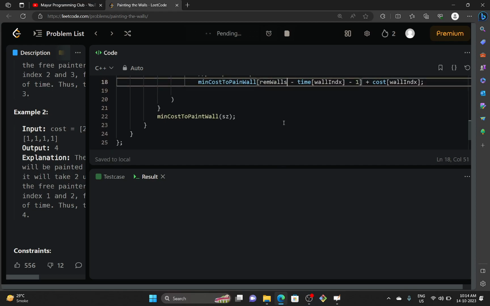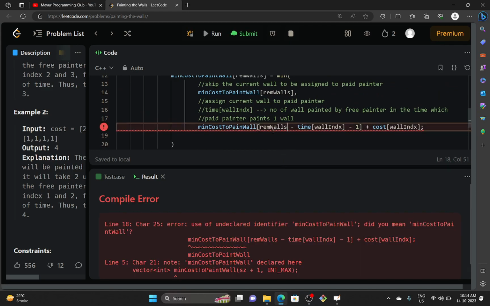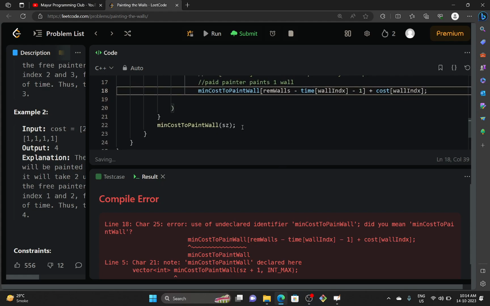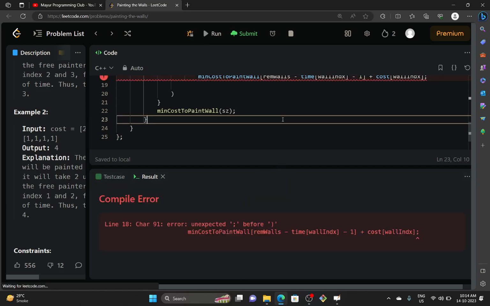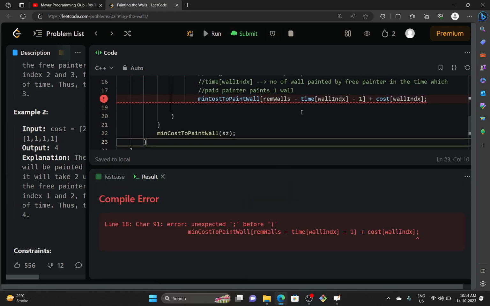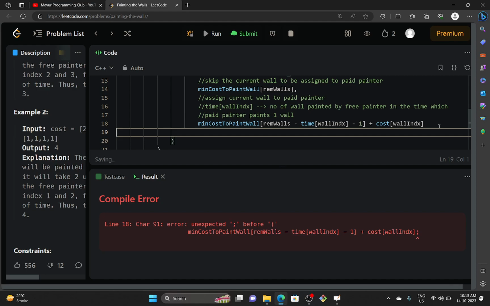It usually happens when you give such a big name, some typing mistake occurs. Yeah, for the minimum, we shouldn't have given semicolon here, we should have given it here.